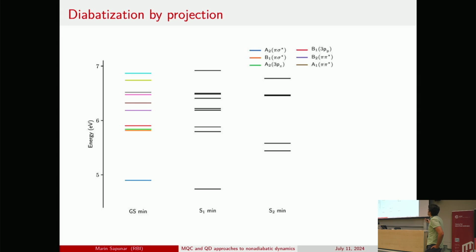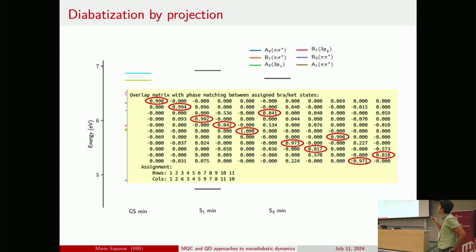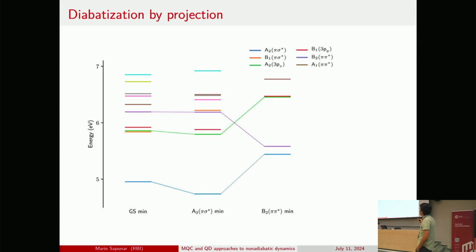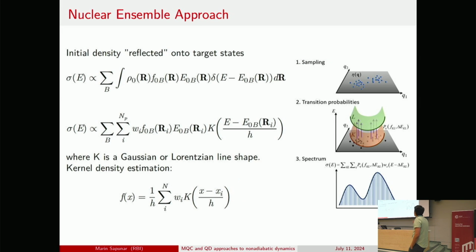For each of these geometries, we calculate the wave function overlaps between our reference structure and the states at the new geometry, and we get a matrix like this. Usually you get a bunch of zeros, numbers that are close to either 1 or 0. Usually you have some reordering of the states. This way you can easily see how the adiabatic states change over the different geometries.